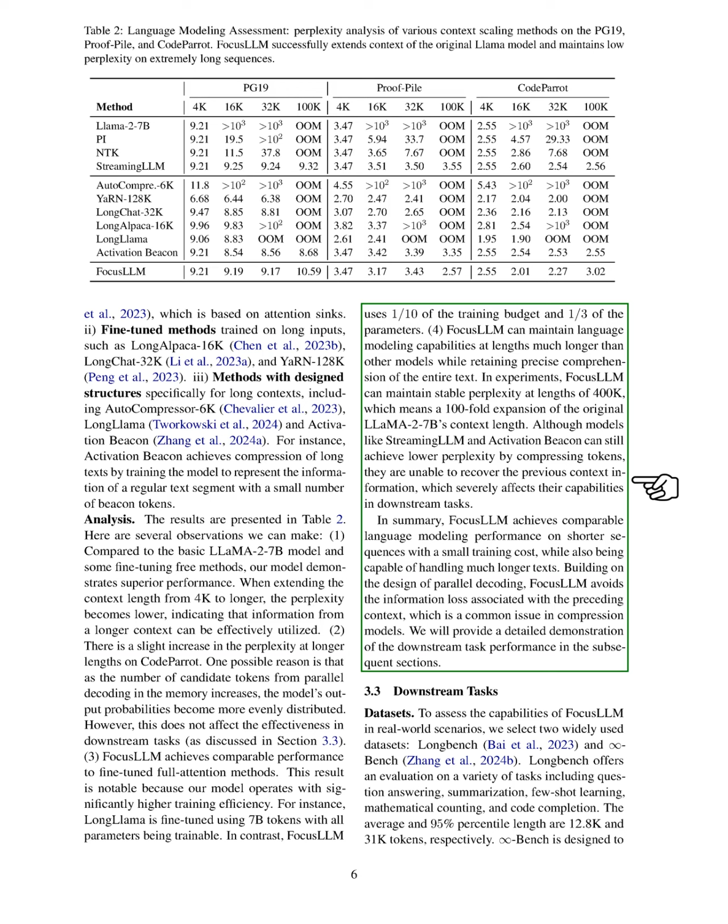For downstream tasks, we select two widely used datasets, LongBench and InfiniteBench. LongBench evaluates various tasks, including question answering and summarization, with average and 95th percentile lengths of 12,800 and 31,000 tokens, respectively.